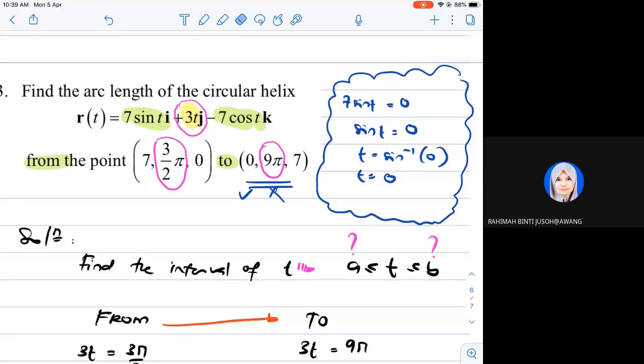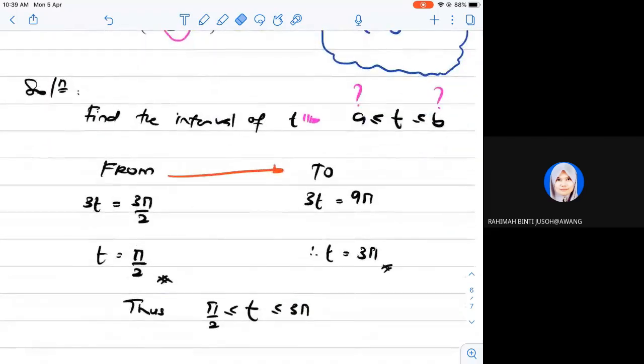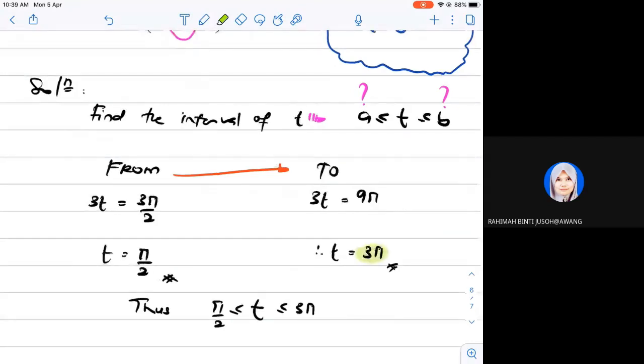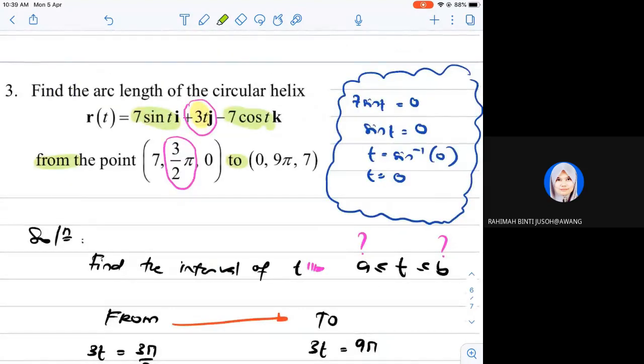Faham apa tak ni guys? Okay, slowly. Okay, you tengok tadi kita dapat 3 pi kan? Ni jawapan akhir kita 3 pi. Okay, kalau kita gantikan 7 sin t, t is 3 pi. So you dapat 0, betul? Kan? 7 sin 3 pi also 0. Itu kan kalkulator 7 sin 3 pi.